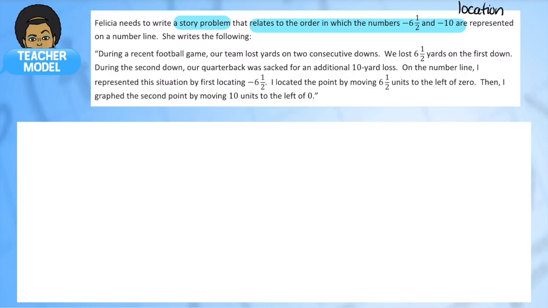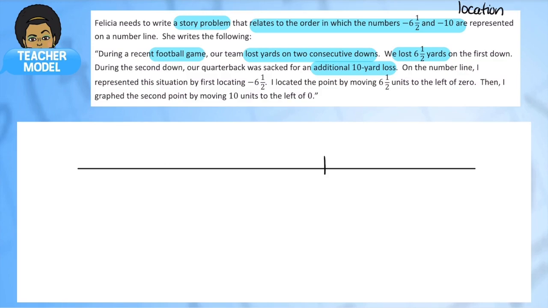And her story goes, it's a football game. The team lost 2 consecutive downs. On the first one, they lost 6.5 yards, and on the second, they lost an additional 10 yards. So on her number line, what does she do? She represents this. Here's Felicia's number line. Here's 0.